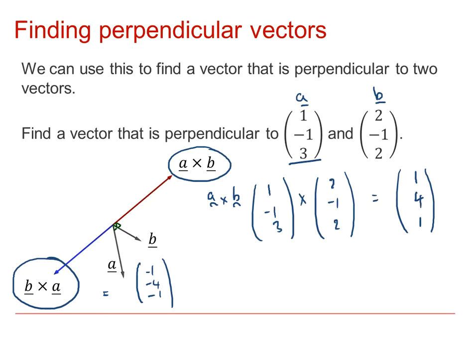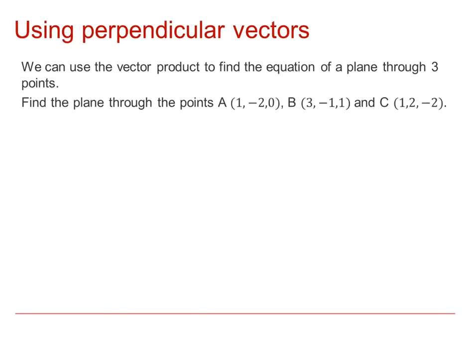Now, because we know that the cross product is bound to give us a vector which is at right angles to both A and B, it becomes useful in working out the equation of a plane if we know 3 points. So consider this example.